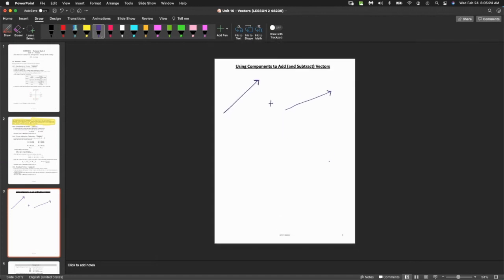In your traditional training, you would do tip to tail. Based on what I was talking about briefly last week, you could take this vector, I'll just draw it at the bottom of the page here, and then take this vector. I can highlight it. Oh, it won't let me highlight it. I'll just grab it. And you do that.